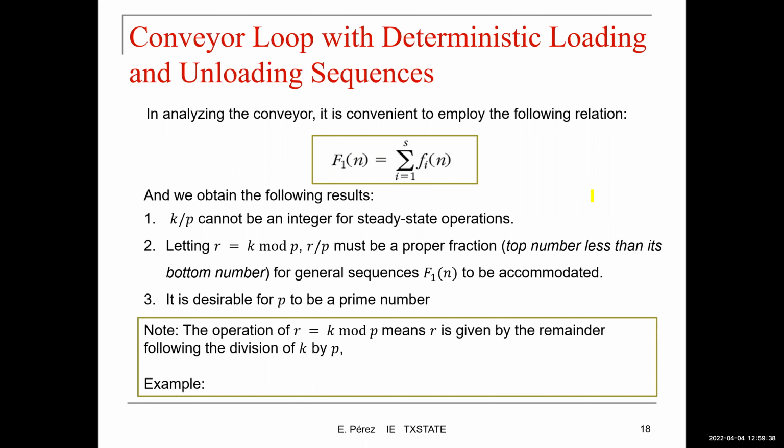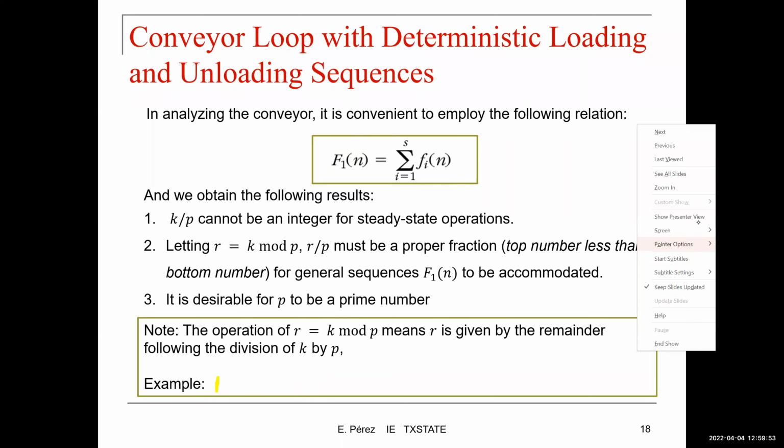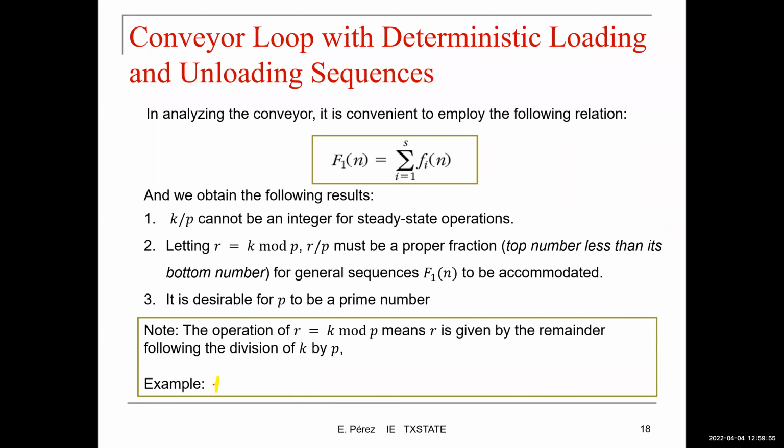If you don't know what the operator R equals K mod P means, R is given by the remainder following the division of K by P. For example, 12 mod 7 is equal to 5. If you divide 12 by 7, the remainder will be 5.